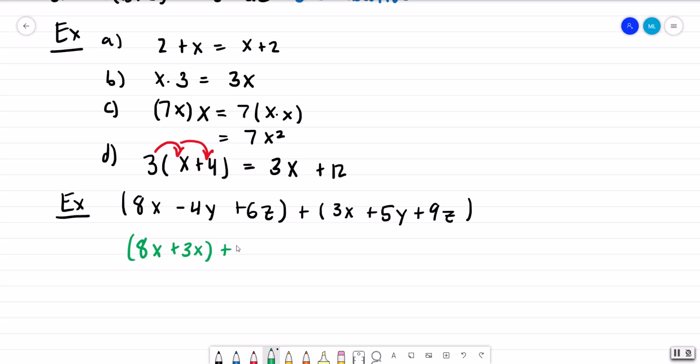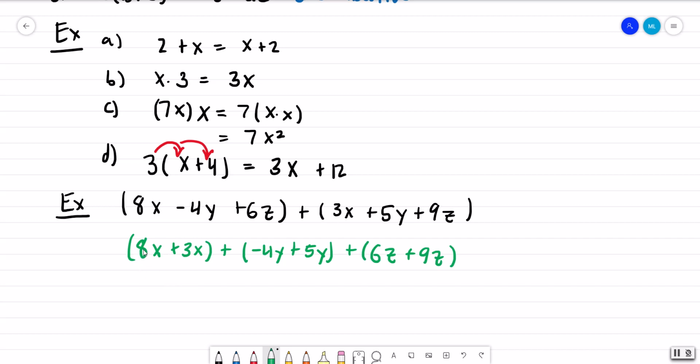And then we have plus negative 4y plus 5y, and last but not least, take the 6z and add 9z. Again, all that we're trying to do is combine by using addition or subtraction.